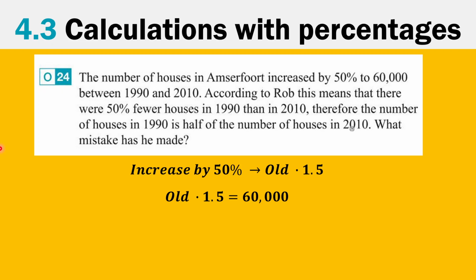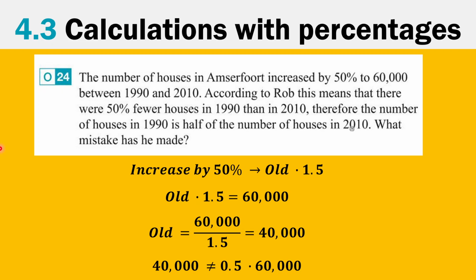What you should watch out for is, if I have an increase by 50%, that means our multiplication factor is 1.5. So if I want to calculate the new amount, I do old times 1.5. Old times 1.5 is apparently 60,000.